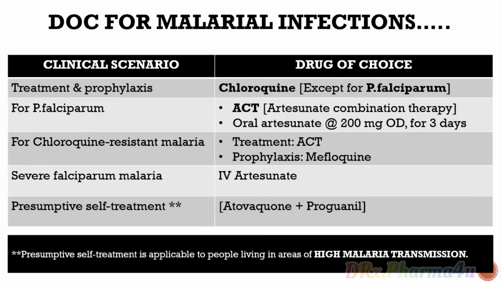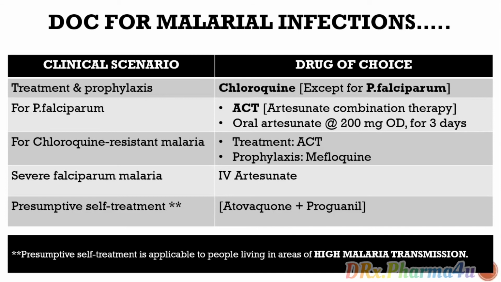If you are having Plasmodium falciparum infection, then you can go for ACT. ACT means artesunate combination therapy, which means we are using artesunate in combination with another antimalarial. The oral artesunate can be given at 200 mg OD for 3 days, depending on the condition and severity.